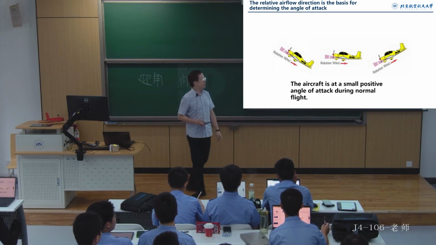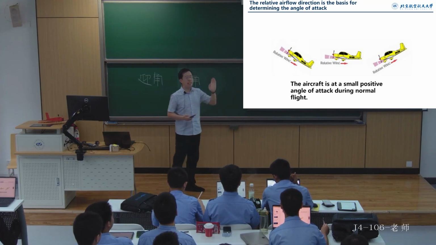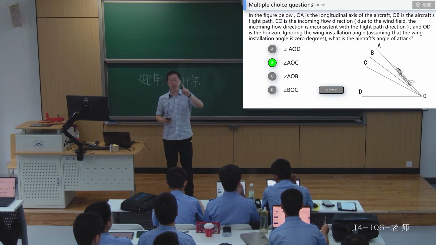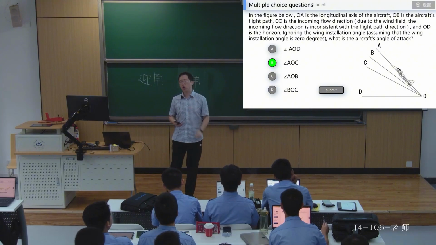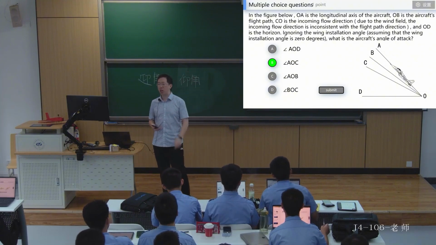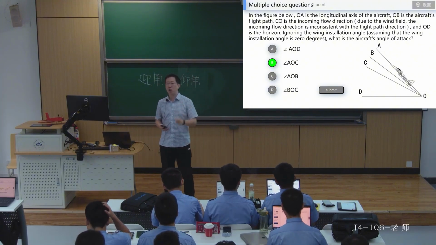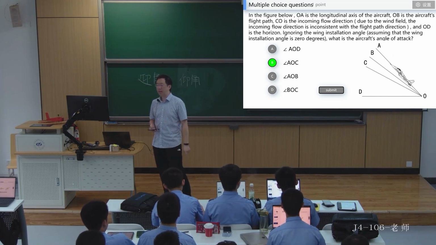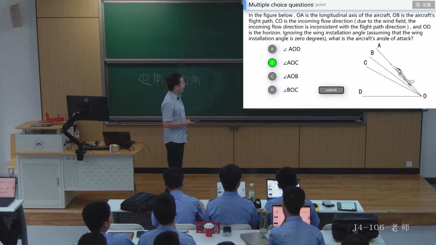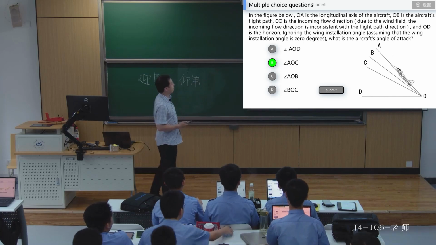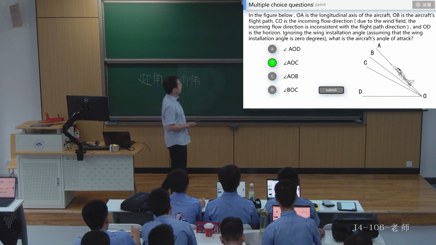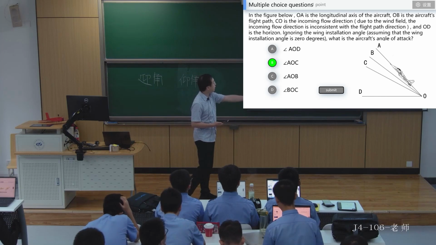All right, so here we have focused on explaining to everyone that an important similarity between wind tunnel experiments and our actual flight is the similarity of the angle of attack and the side slip angle. Now let's have our students look at this. Exercise. In the diagram below, OA refers to the longitudinal axis of the aircraft.